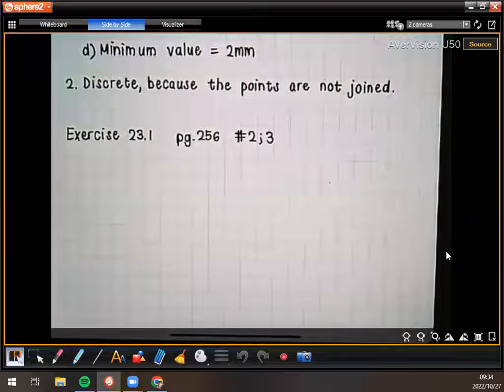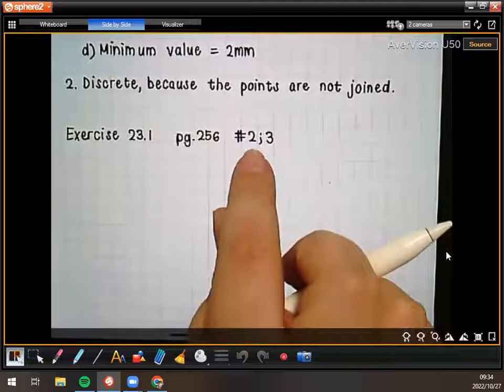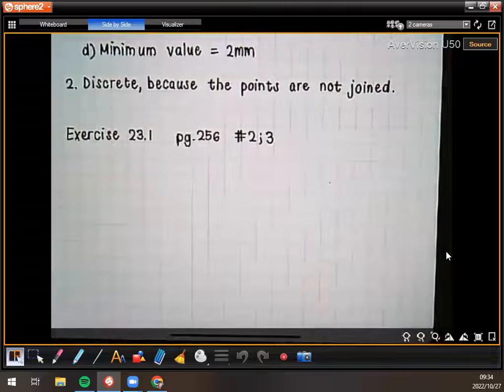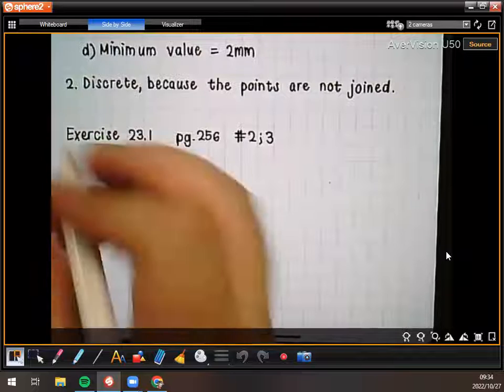So I think I'll be able to put question 2 on the board. I don't know if 3 will also fit, but I'll put question 2 up.